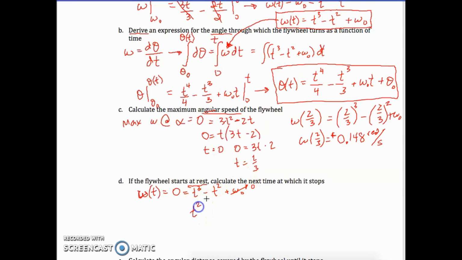And we can factor out a t squared, because that has a t squared, that is a t cubed. Set these two factors equal to 0, so t squared is equal to 0. T minus 1 is equal to 0, so t is equal to 1. So it starts at rest, and then 1 second later, it is back at rest again.